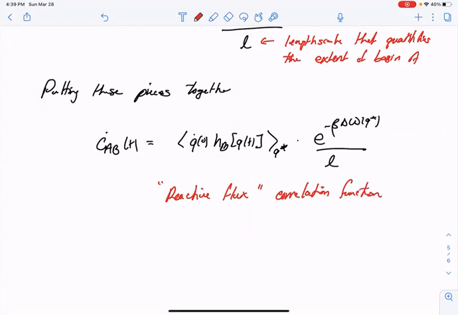Flux due to the time derivative of Q, reactive because I start at the top of the barrier and insist that I reach state B at some time t later.